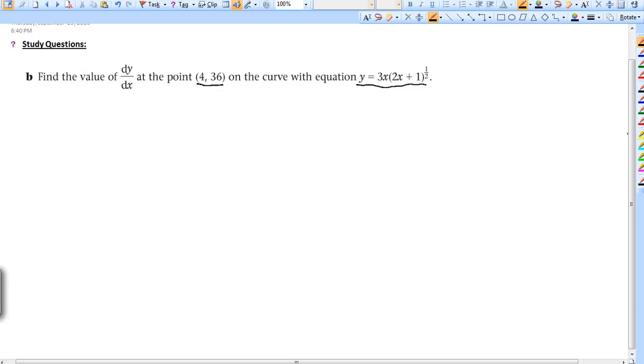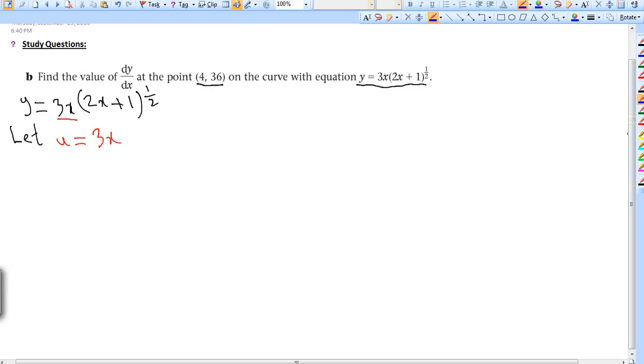So at first let us write the equation given in the question: 3x multiplied by (2x plus 1) to the power half. At first let us let the parts. Let this part be u equals 3x.